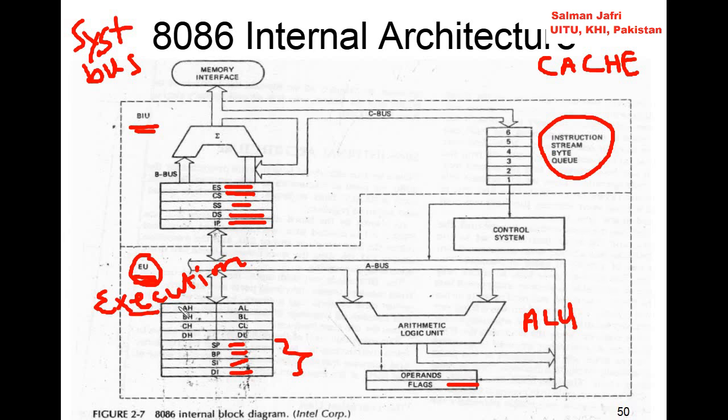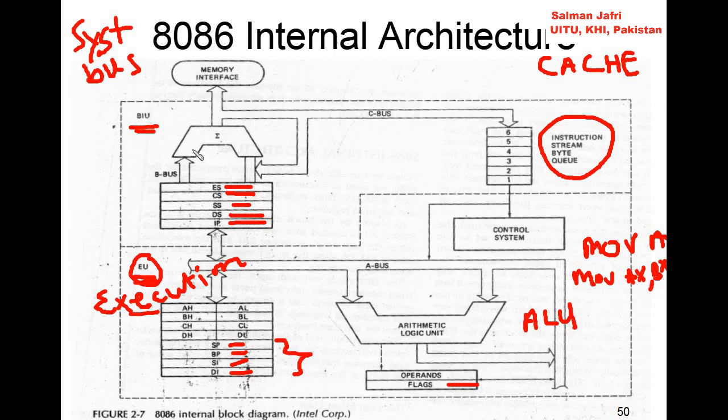For example, when the execution unit was executing instructions such as MOV AX, BX, right? It is an internal instruction in the sense that in order to execute this instruction, memory access is not required, because the source operand is in BX and the destination operand is in AX.